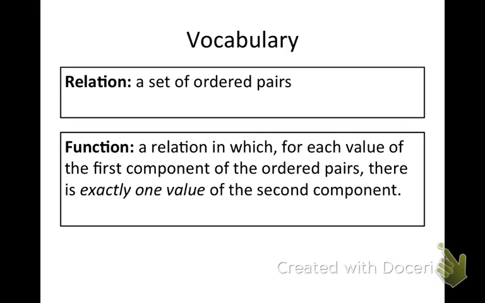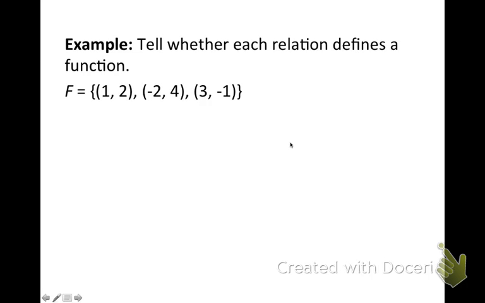Okay, so we're looking for the first component, x, to be paired with exactly one value of y. First component, x; second component, y. All right, so is relation f a function? Yes.